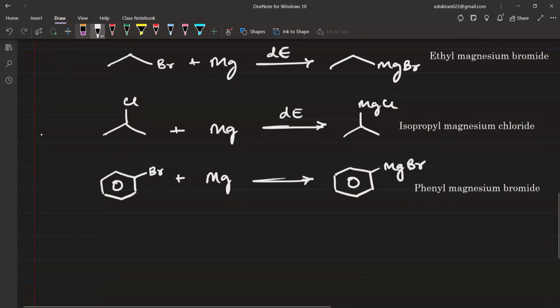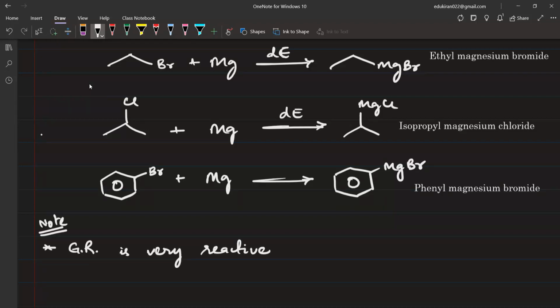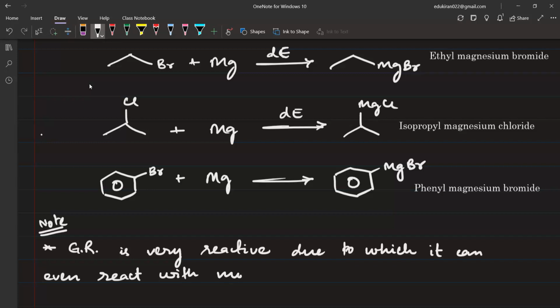After this, you will write a note, important note. Grignard reagent, GR, is very reactive, due to which it can even react with moisture and form alkane.